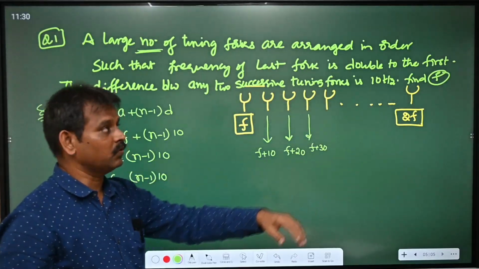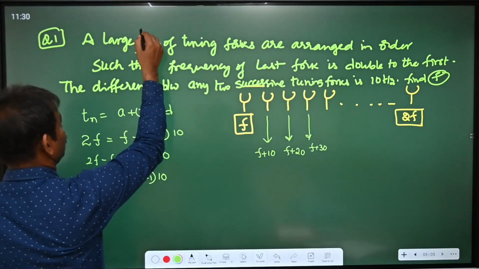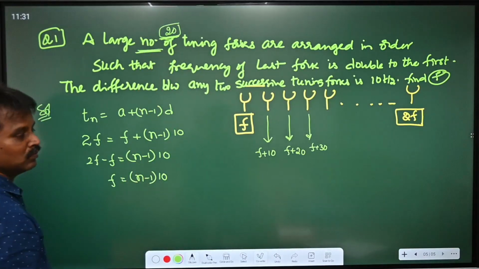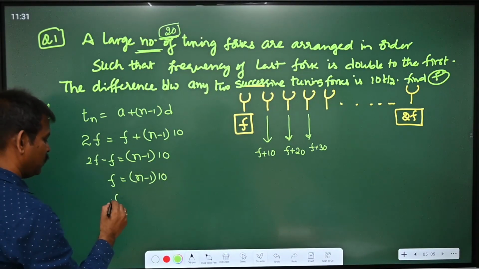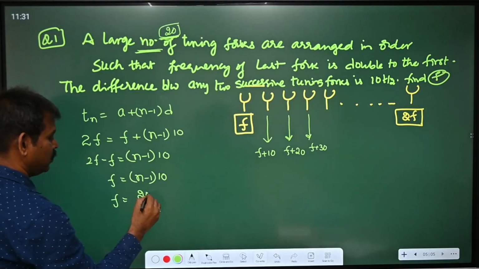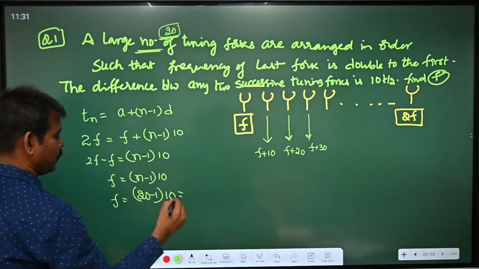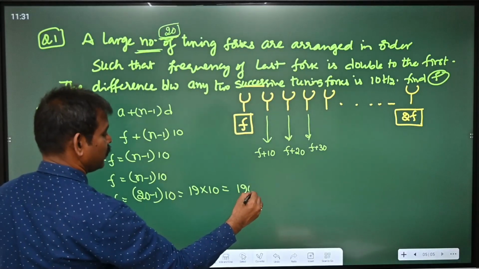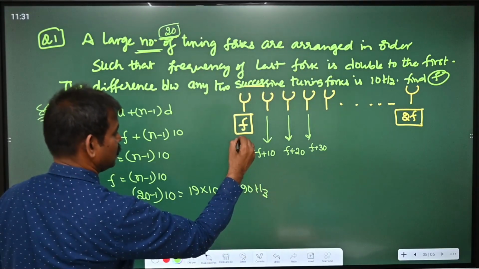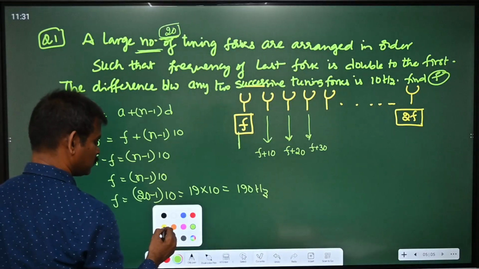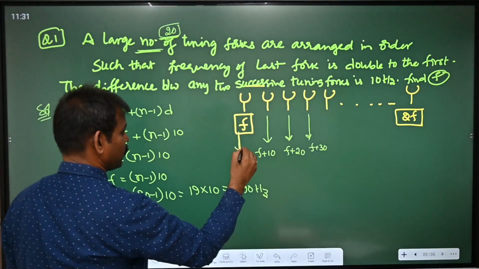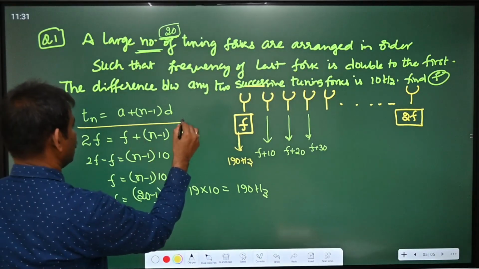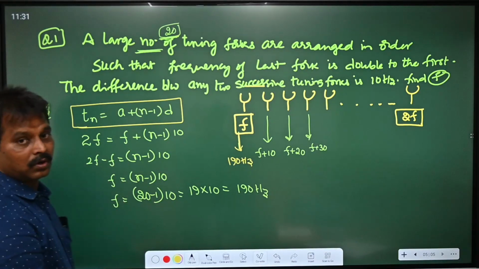Generally when this problem is given, a large number of, let us say 20 tuning forks are given. Now what is f? So f is equal to 20 minus 1 into 10, this is 19 into 10. So the frequency of the first tuning fork will be 190 Hz.